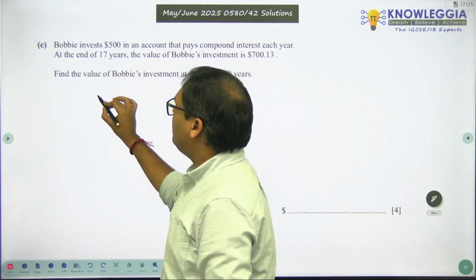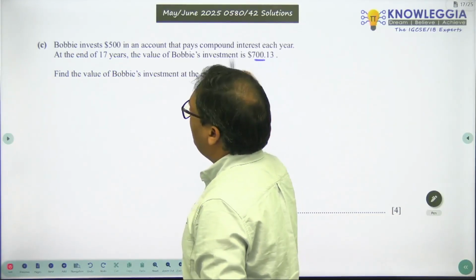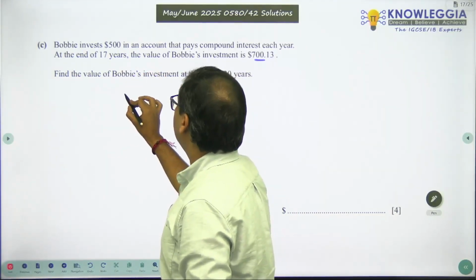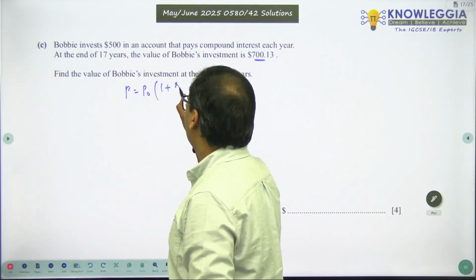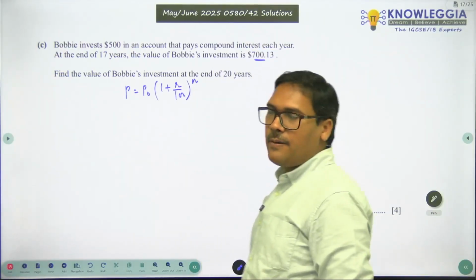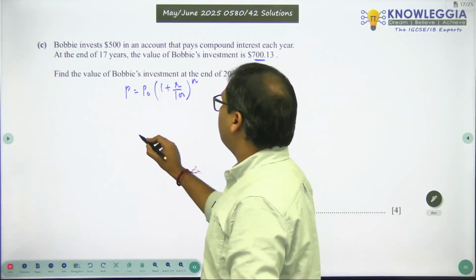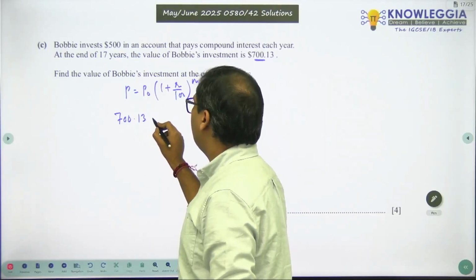So they have given the final amount, the value of the investment is this after 17 years. So what is this? Final amount equals initial amount times 1 plus rate of interest raised to time, that is n. So what is the final amount? This is 700.13. And what is the initial amount?